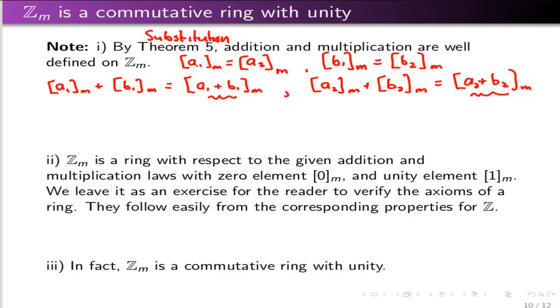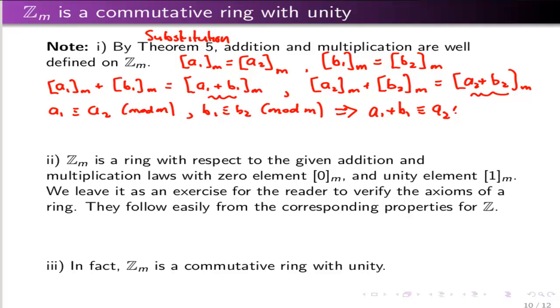Well, if a1 is the same as a2, a1 is congruent to a2. And b1 is congruent to b2. And so the substitution laws tell me that a1 plus b1 is the same as a2 plus b2.